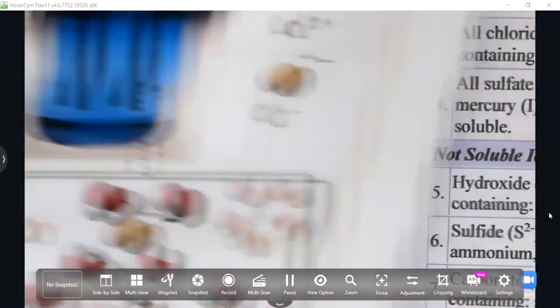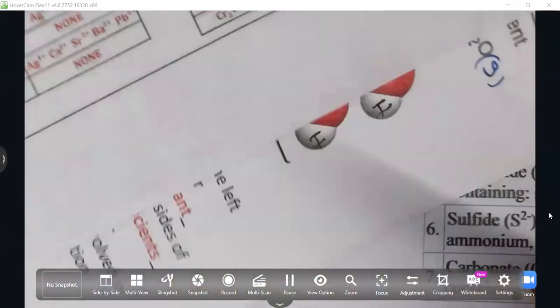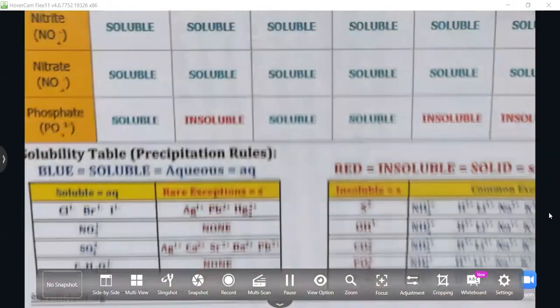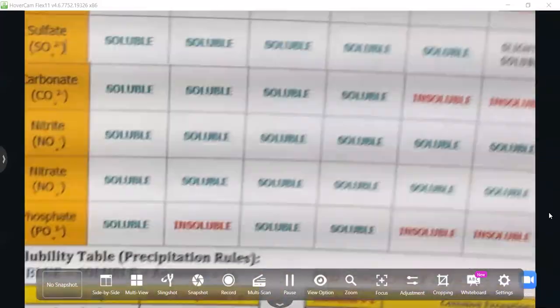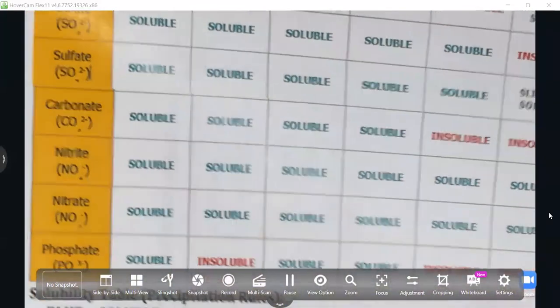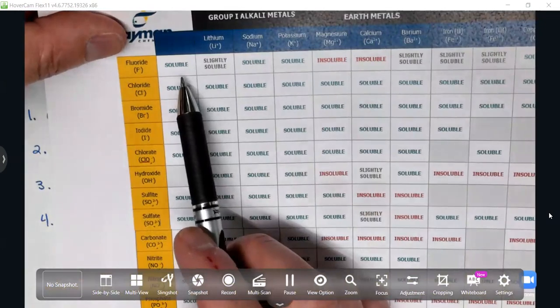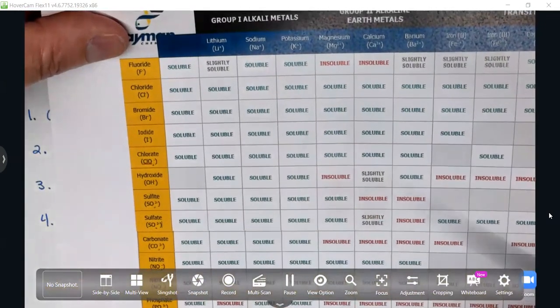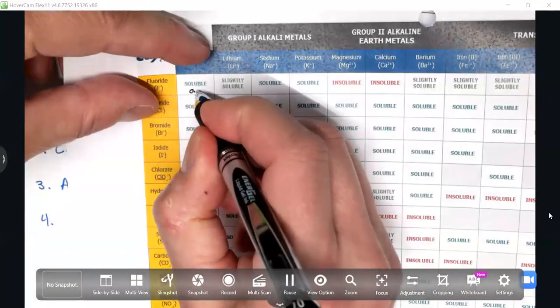Well, wouldn't it be nice to just look up which ones are soluble? There are some cheater charts back here. I've got one on the pink sheet, but here's another cheater chart, I'll call it. If you grid this out, it tells you whether or not it is soluble. If soluble, we will put AQ.